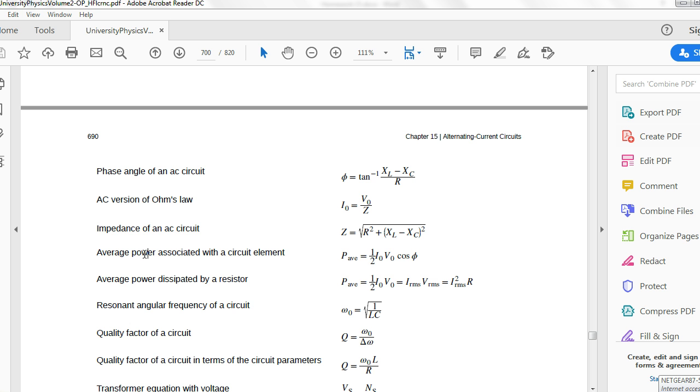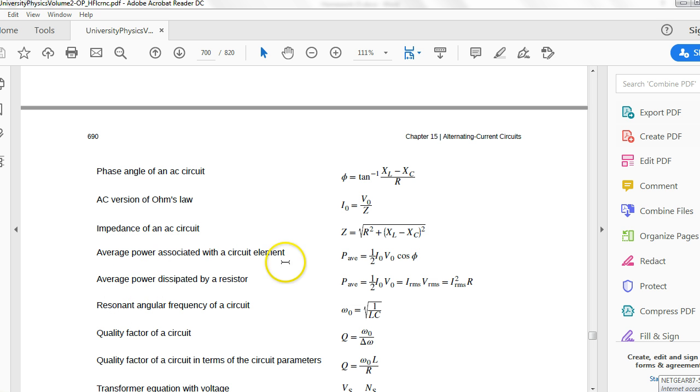Average power associated with a circuit is 1/2 I naught V naught cosine phi. Now you can see this is why we try and minimize this angle phi and actually try and get it to 0 in most circuits, because it shows up here in the power, and so you're not delivering power as efficiently if you have net reactance in the circuit.